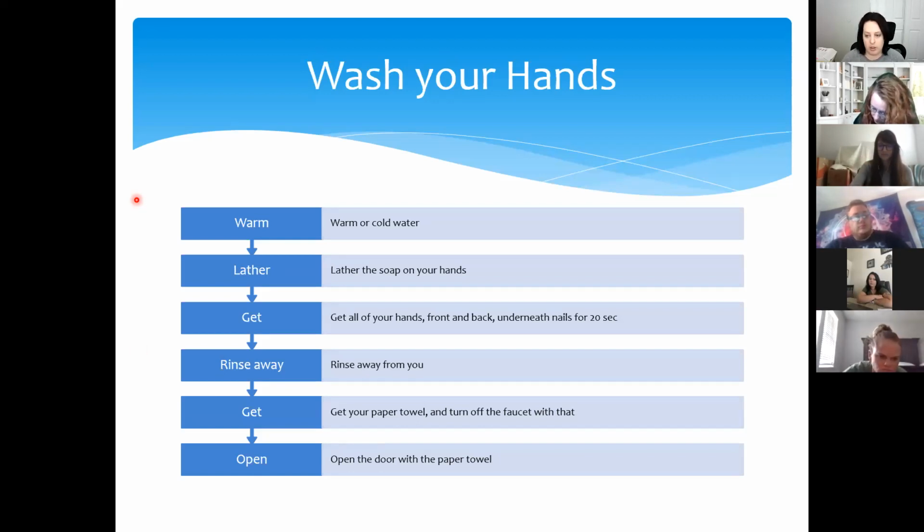Lather your hands with soap because the chemicals in the soap help emulsify those microorganisms, even with warm or cold water. Get your hands from the tips of your fingers, underneath your nails, all the way up past your wrist, making sure you get in between your fingers and under your fingernails.